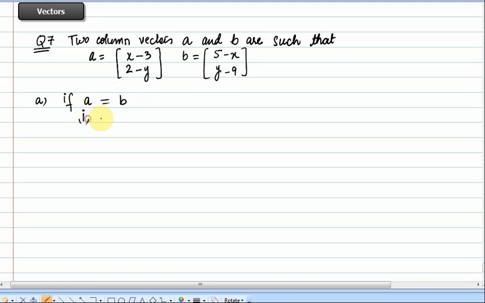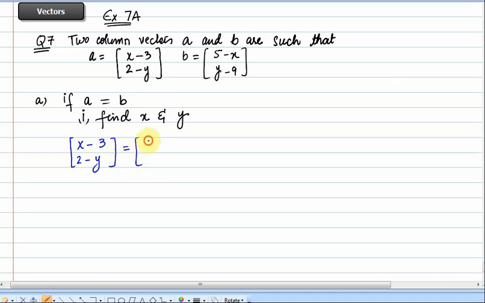First part, find x and y. If A is equal to B, we write down the column vectors: A is (x minus 3, 2 minus y), and B is (5 minus x, y minus 9).